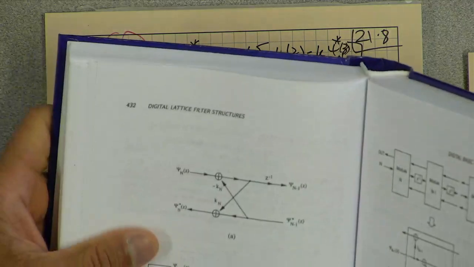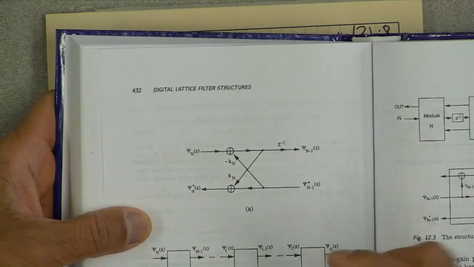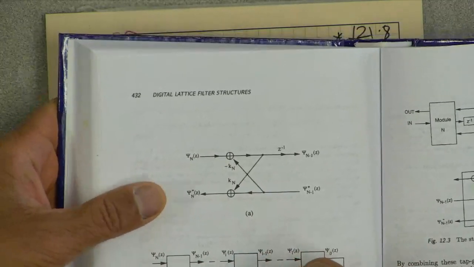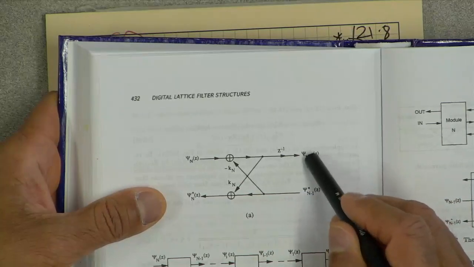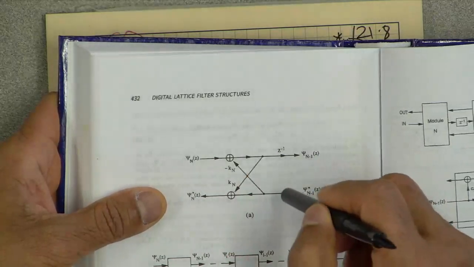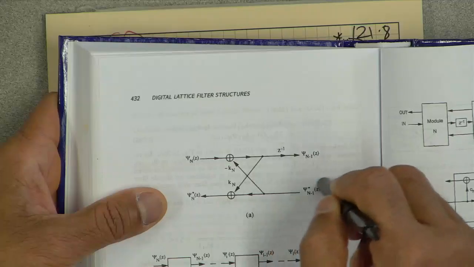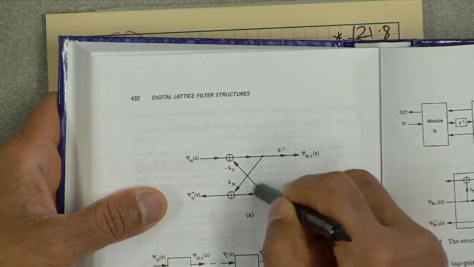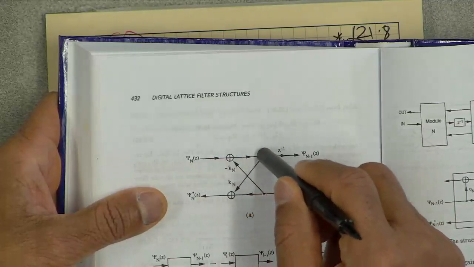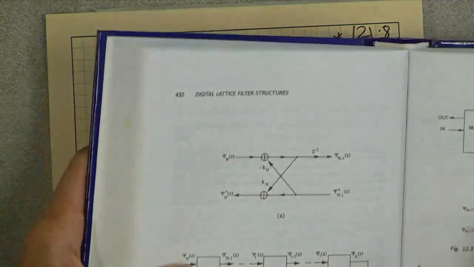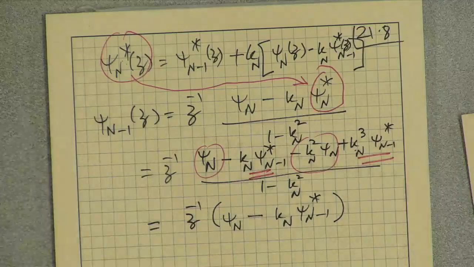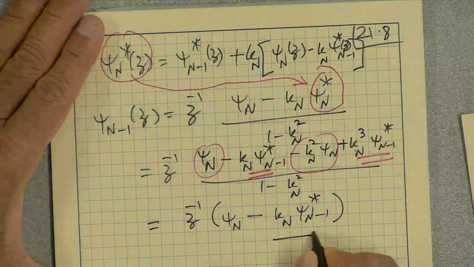If you look at the basic lattice stage, to construct psi n minus 1 of z, the output here is psi n minus kn times psi n minus 1 star coming from the right, multiplied by minus kn, and that becomes z psi n, multiplied by z inverse.